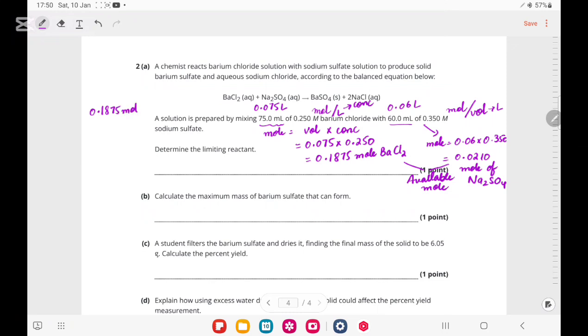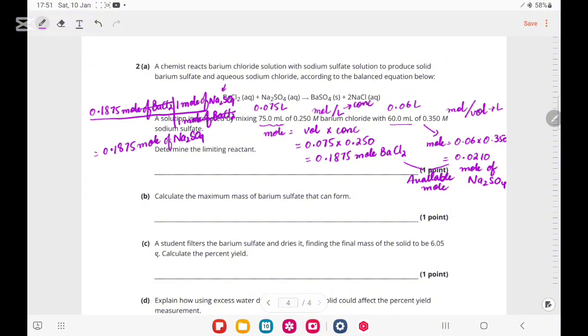0.1875 mole of barium chloride, and then from the equation I'm going to use the table method. From the equation, there are how many moles of barium chloride? That is 1 mole of barium chloride, and that is reacting with how many moles of sodium sulfate? That is also 1 mole of sodium sulfate. So they both will cancel, and the answer comes out to be 0.1875 mole of sodium sulfate.